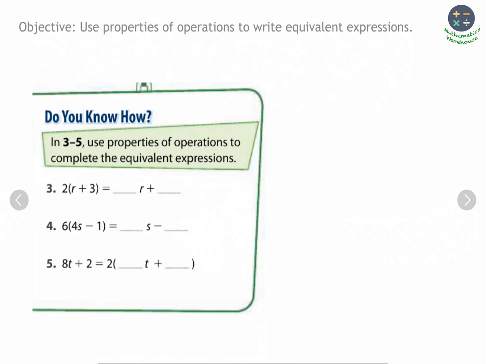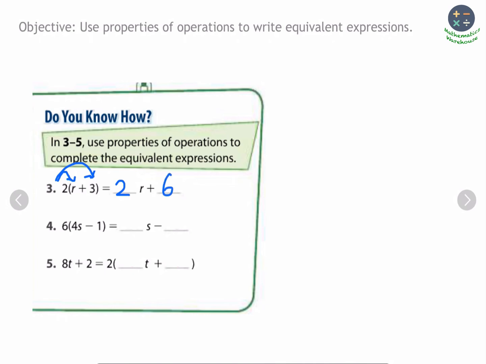Next, use properties of operations to complete the equivalent expressions. Number 3, 2 and bracket r plus 3. Here it's the distributive property, as you can see. So we're going to multiply 2 by each term inside. Multiply 2 by r to get 2r, plus 2 times 3 equals 6.